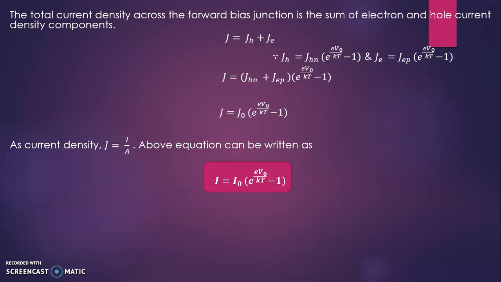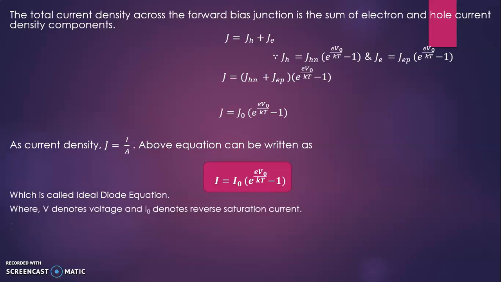So this gives the ideal diode equation, where I is the current and e is the charge, with V0 the potential of forward bias, K is the Boltzmann constant, T is the temperature in Kelvin, which is called the ideal diode equation.